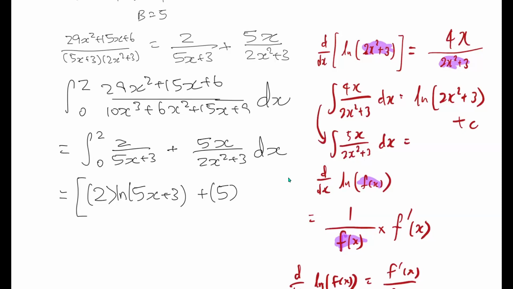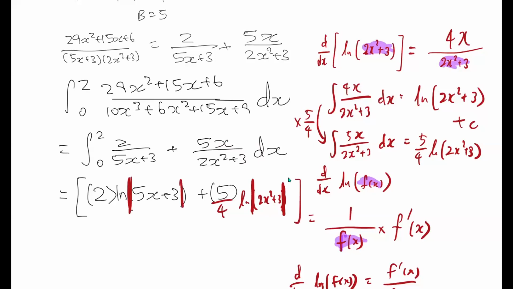Times how much? 5 over 4. Very good. So that means the answer must be 5 over 4 ln 2x squared plus 3. Sorry, technically should have modulus here.